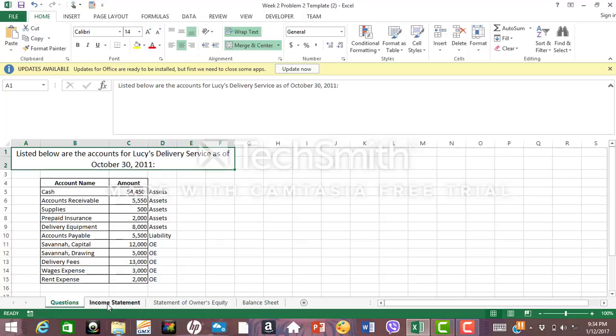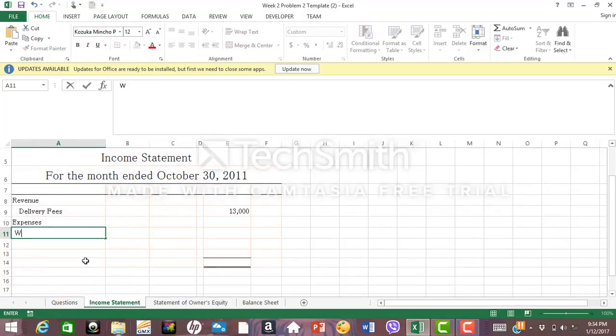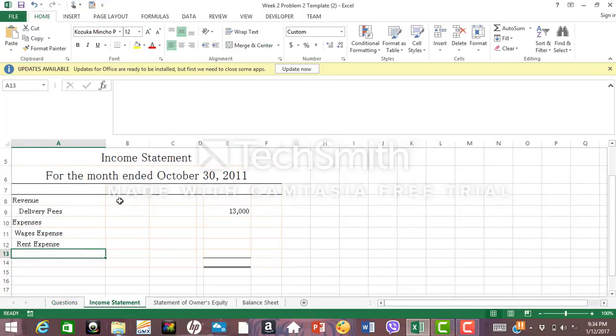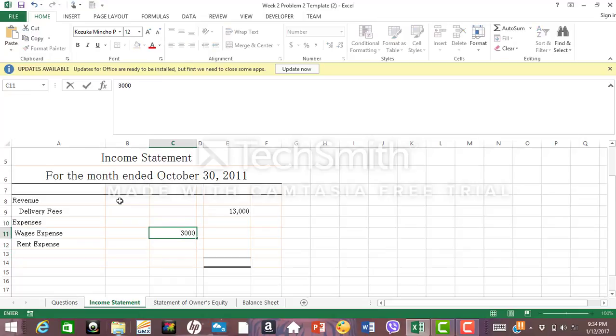So wages expense is 3,000 and rent expense is 2,000.